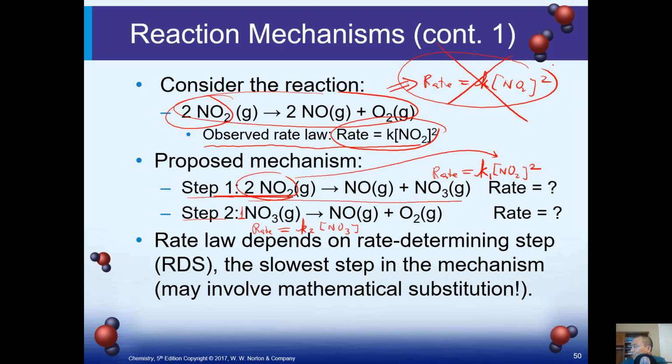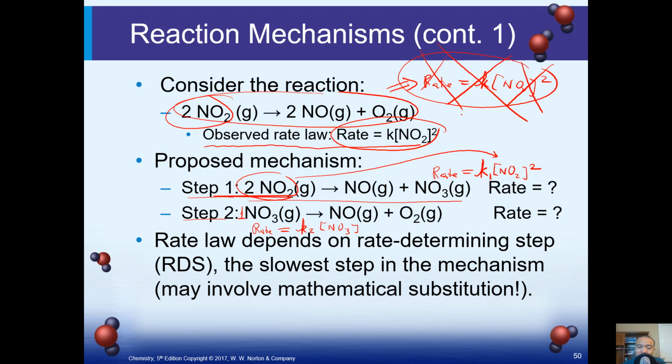This cannot be written directly. This is a wrong way to do it. I'm going to say it one more time: the observed rate law happens to be the same as what you would have read out of the overall reaction, but you cannot read the rate law directly from the overall reaction. Rather, you can do that for the elementary steps, because each elementary step represents the real reaction that is happening.